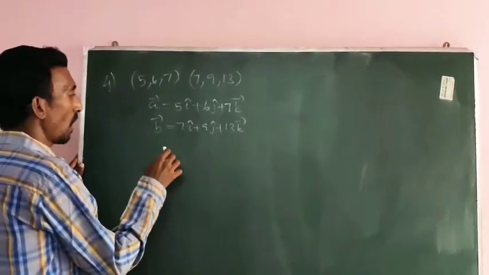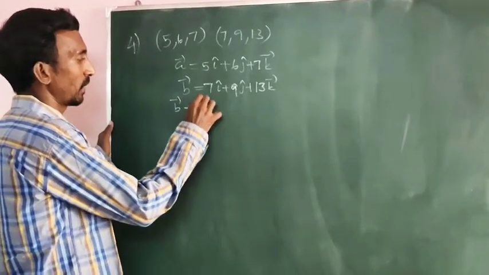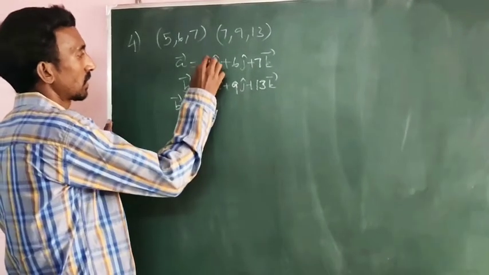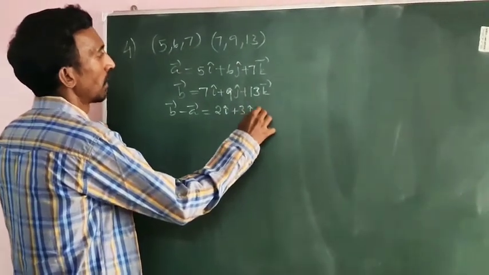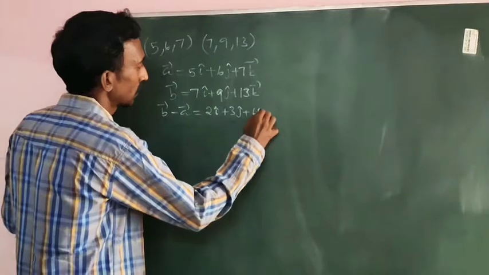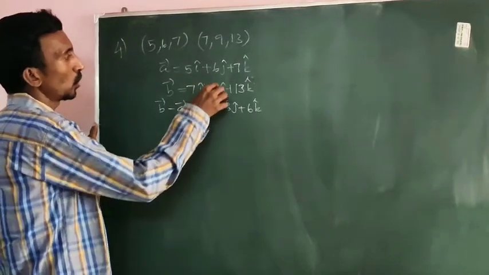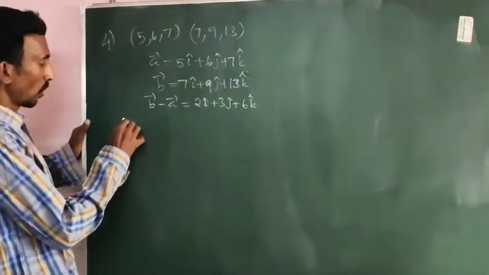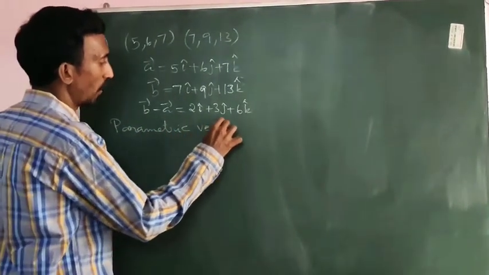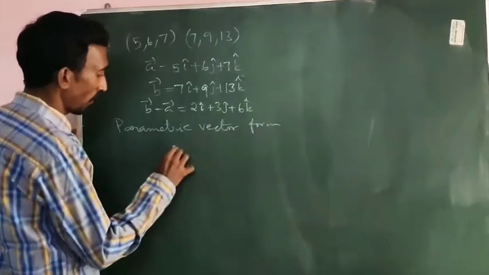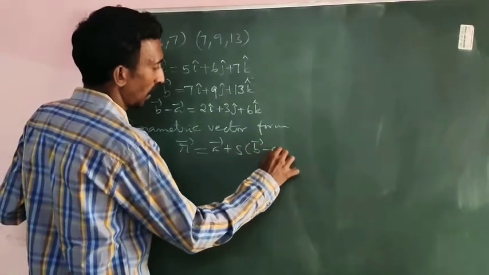So the formula has b minus a, so first find b minus a, because it is in the formula. 7 minus 5, 2i; 9 minus 6, 3j; 13 minus 7, 6k. So b minus a is 2, 3, 6. First, the parametric vector form of the straight line: r vector equals a vector plus s into b minus a vector.